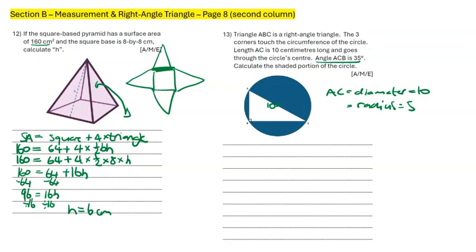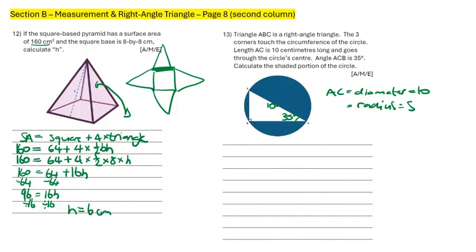And we've also been told the angle ACB, so it's going to be this angle here. I've been told that's 35 degrees. Calculate the shaded portion of the circle. That's what we're aiming for now.